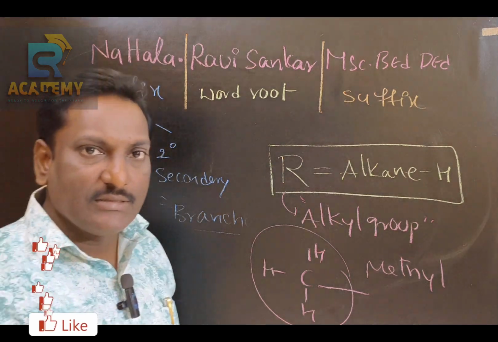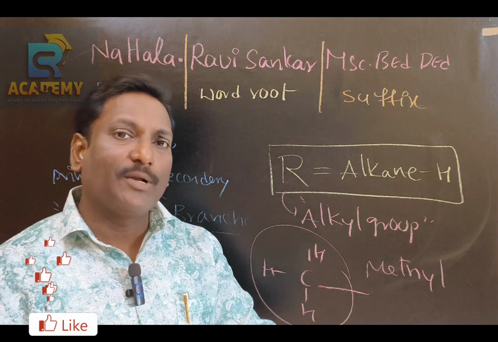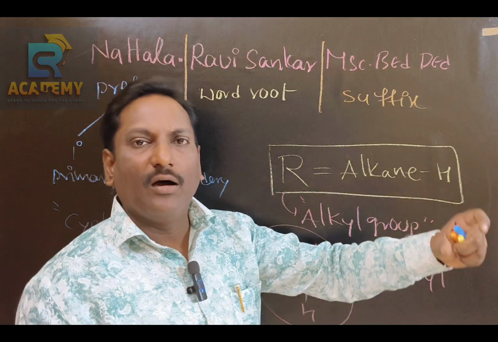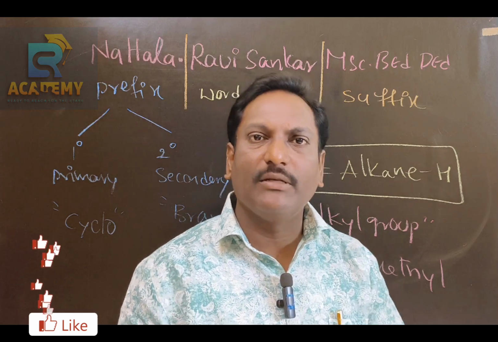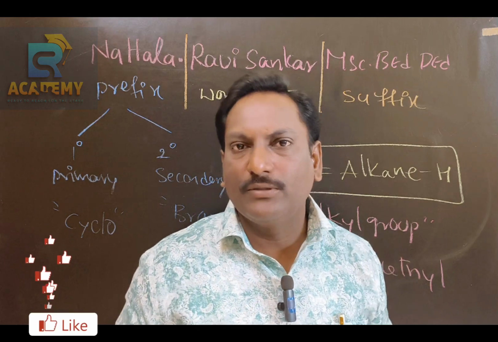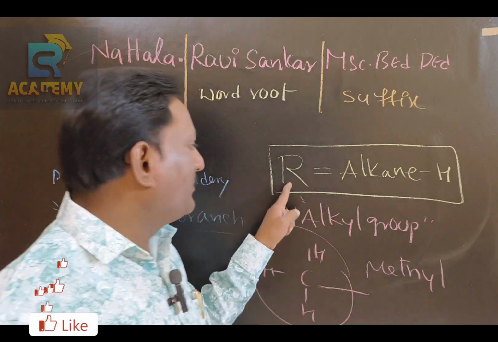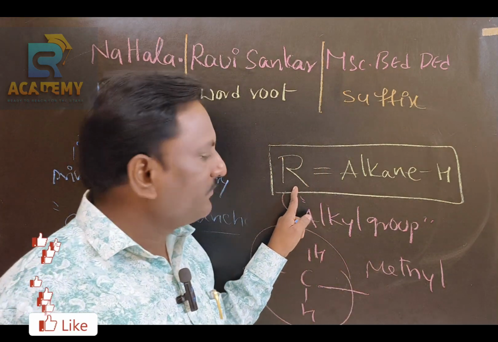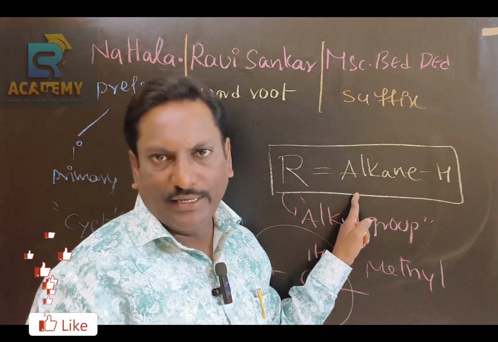Secondary prefix tells us about branches. Is there any set of branches attached to the parent carbon chain? It gives us clear picture regarding branches. Generally, alkyl groups appear as branches. What is alkyl group? Alkyl group is represented with capital R. It is obtained by the removal of one hydrogen from alkanes.